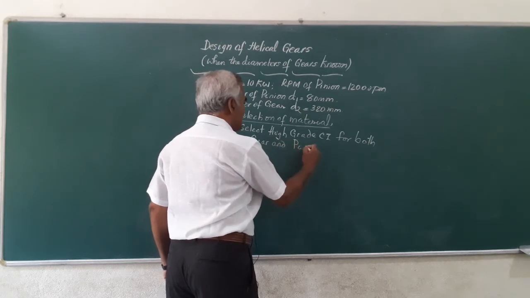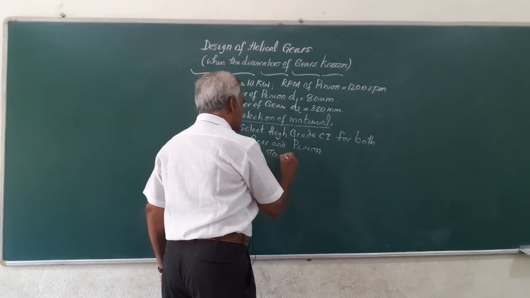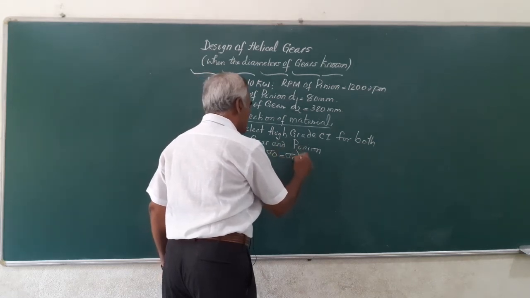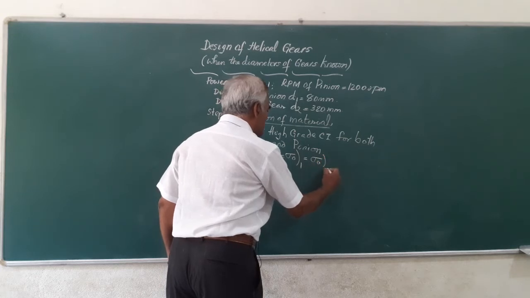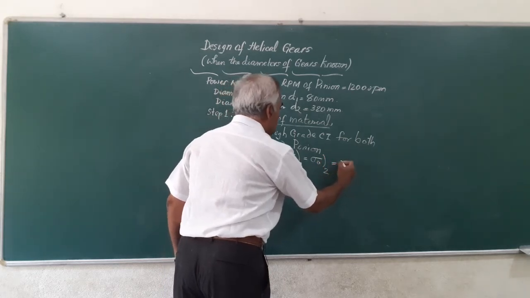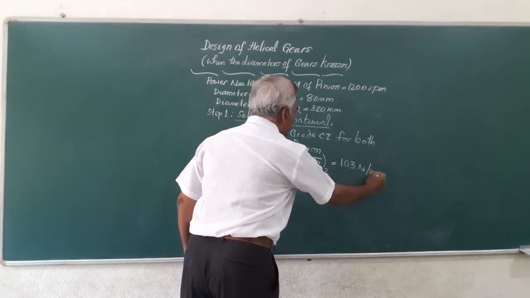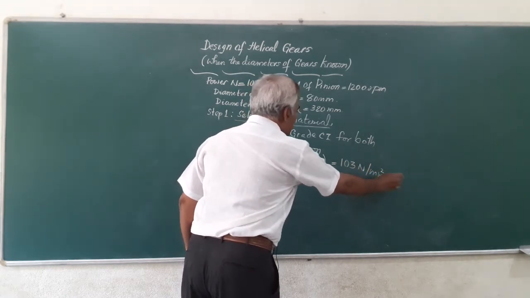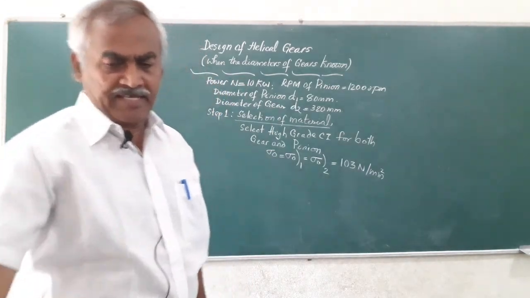And this material will have a static stress sigma naught, that is sigma naught of the pinion, sigma naught 1, equal to sigma naught of the gear, sigma naught 2, equal to 103 MPa or Newton per mm square. Friends, I have selected the same material for both gear and pinion.